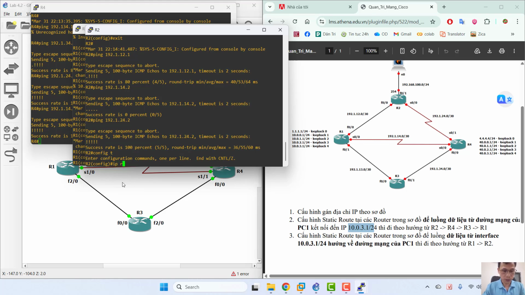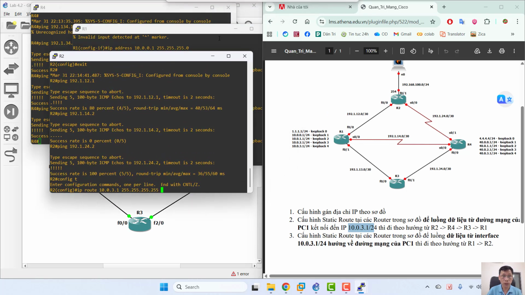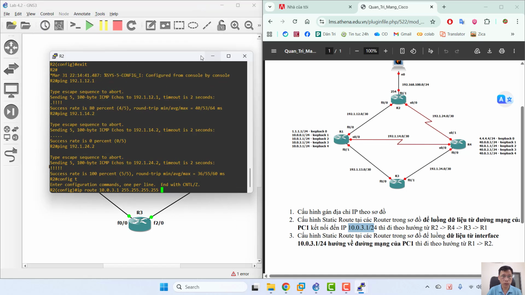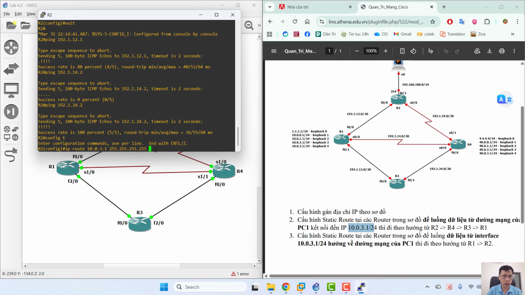IP route 10.0.3.1 with the subnet mask 255.255.255.255, go to this address, 1.2.1.24.2, this subnet.